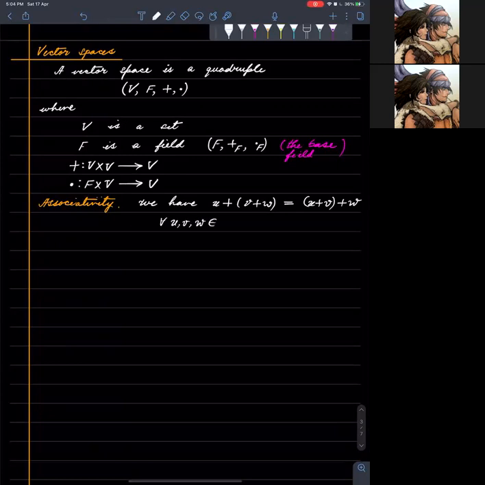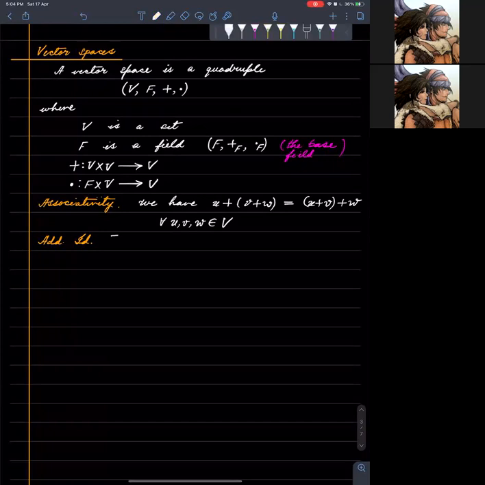The elements of the vector space are called vectors. We have additive identity and additive inverse. It's the same axioms that we insisted on for the field, the axioms for addition.